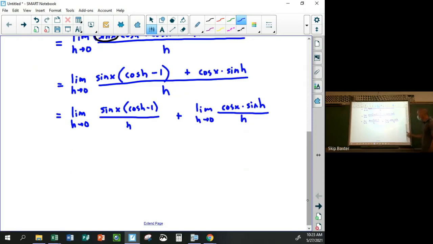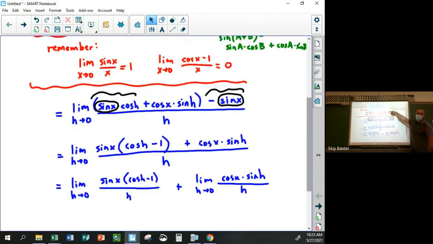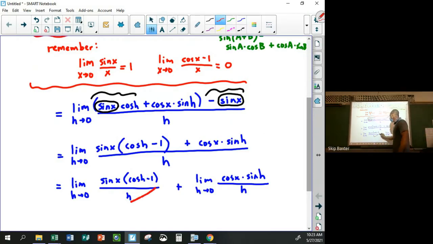And then, if you look at what our memories told us, the limit of this expression is 0. Well, I have that right here: cosine h minus 1 over h. That's 0. And if you look at this limit, the limit of sine x over x is 1. I have that right here.